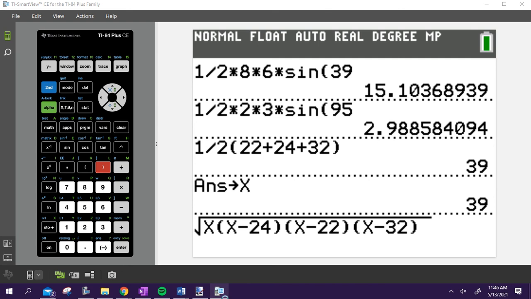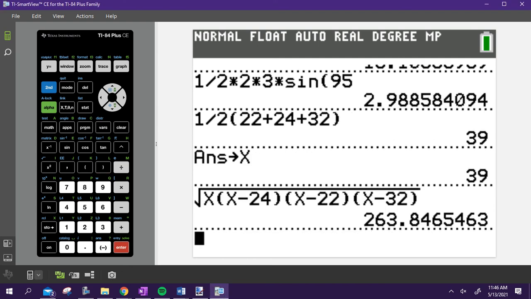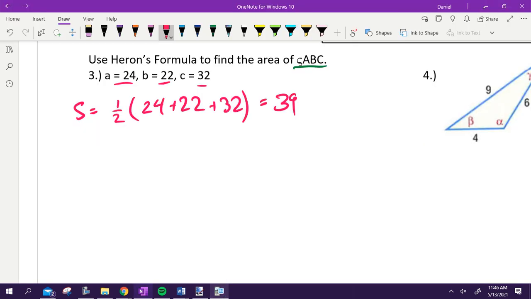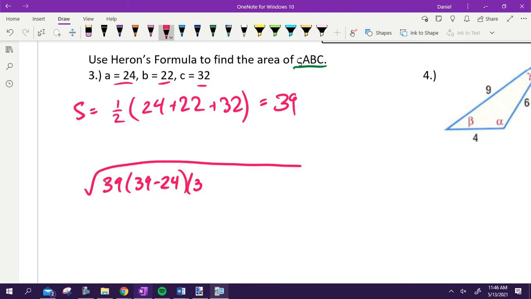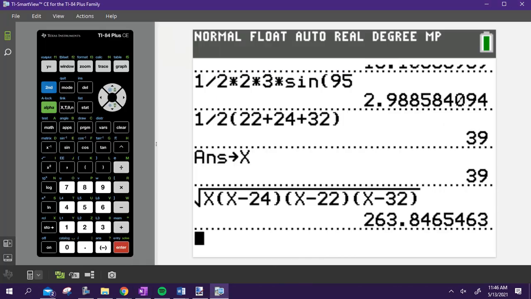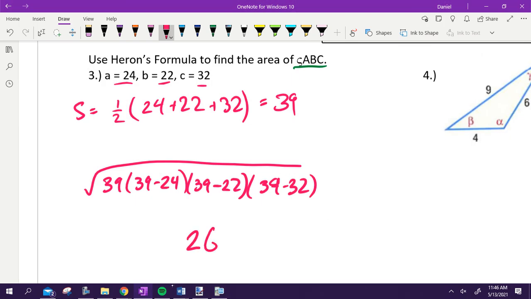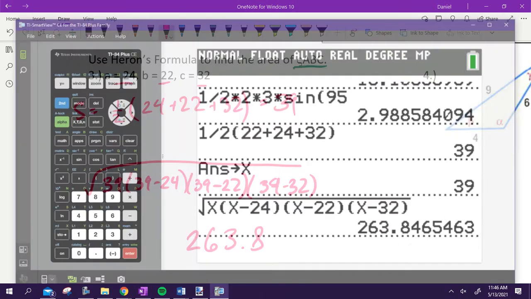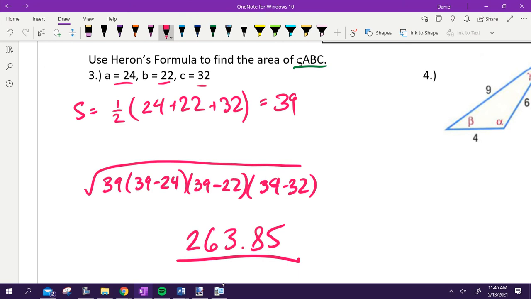Make sure you're just following the formula. You hit enter. 263.85. So again, I took the square root of 39 times 39 minus 24 times 39 minus 22 times 39 minus 32. And when I did that, I got 263.85.